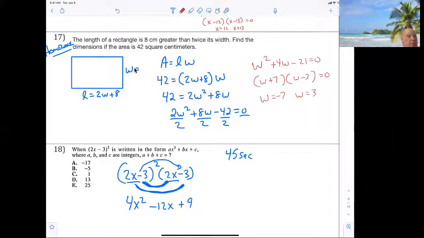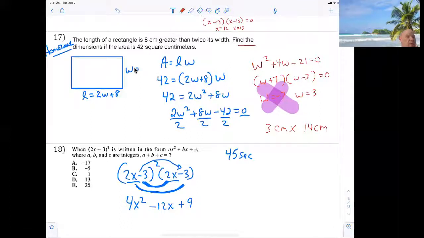But wait a minute, the width can't be negative. So the width is 3, but it says find the dimensions. So it's 3 centimeters by 14 centimeters. That is correct. If you're getting that right, I'm pretty happy with that. Setting it up is the hard part.